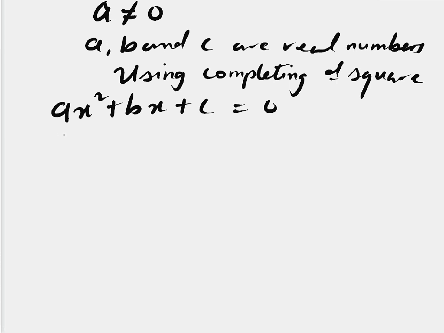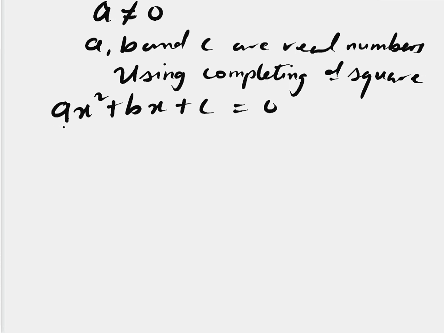First, before starting this, we need to make the coefficient of x squared to be 1. So how do we do that? We need to divide throughout or multiply throughout. To divide throughout, we divide by a, and to multiply, we multiply throughout by 1 over a.